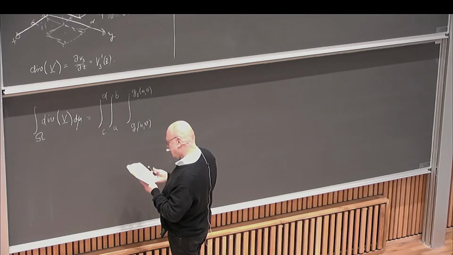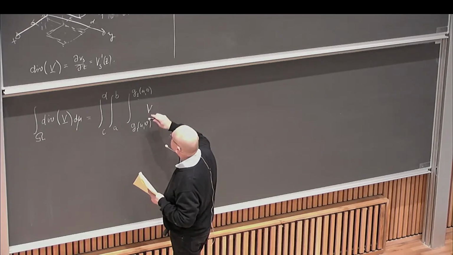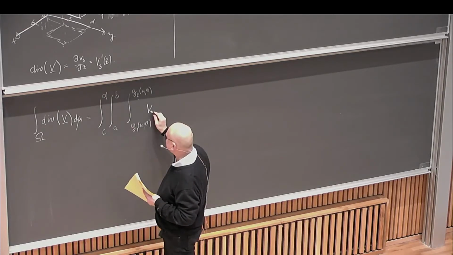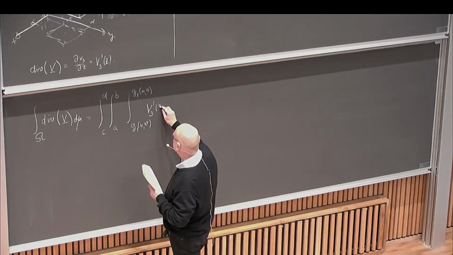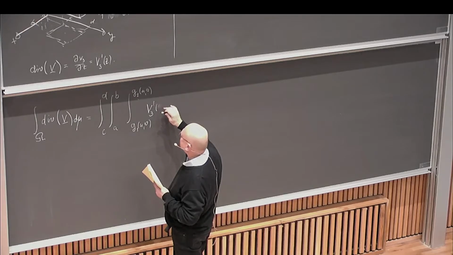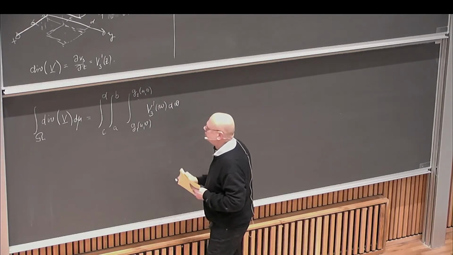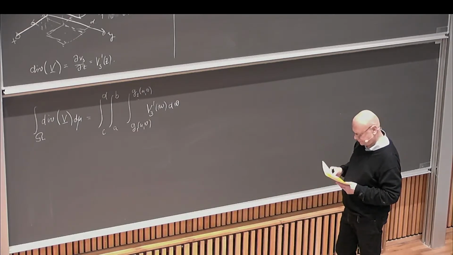And then the integrand is simply the divergence, and this is v3 prime of w, and you integrate with respect to w. So this is the result.